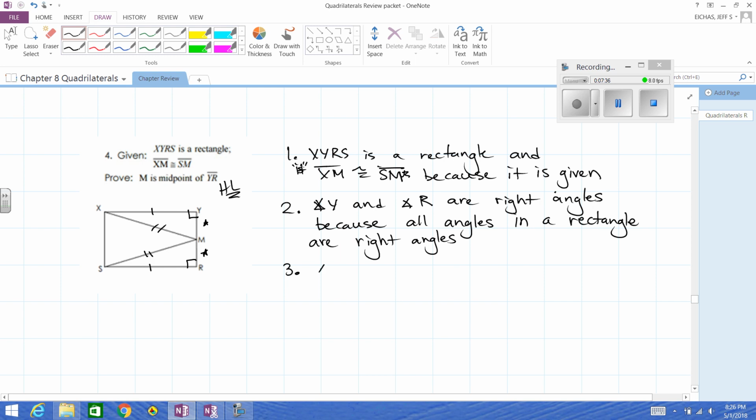All right, so now triangle XYM and triangle SRM are right triangles because they have a right angle.